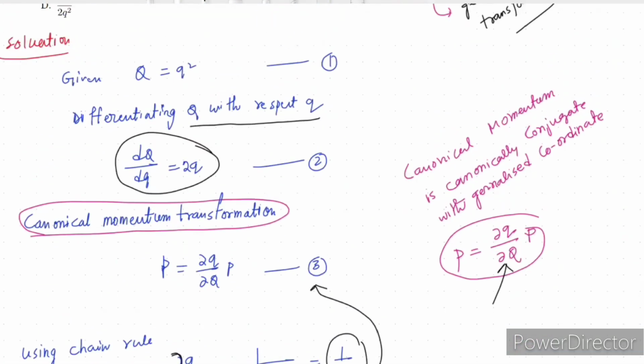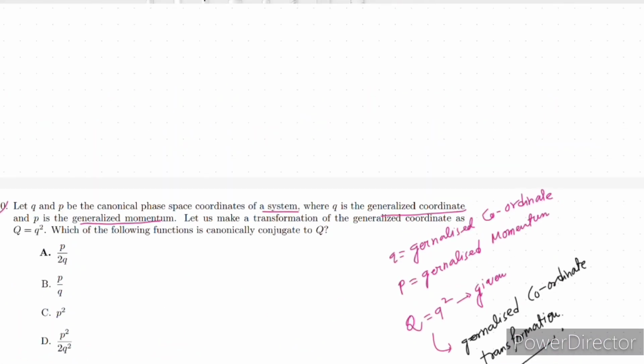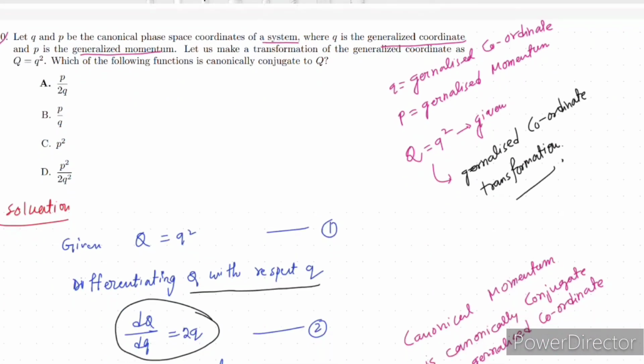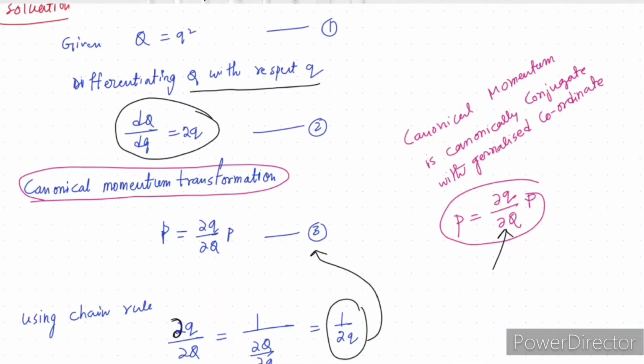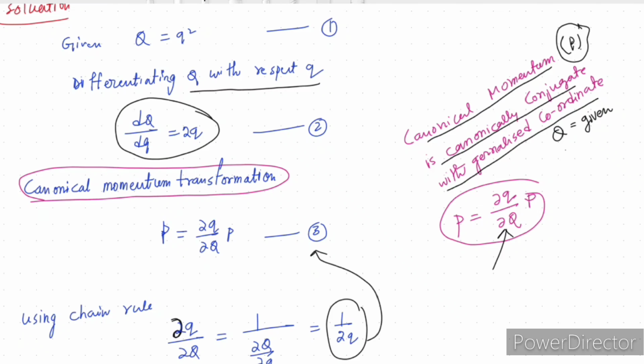Please understand this concept. Canonical momentum is canonically conjugate with the generalized coordinate. Here the generalized coordinate is given, and they asked what is canonically conjugate with it. So first of all we calculate the canonical momentum, and the formula for it is this.